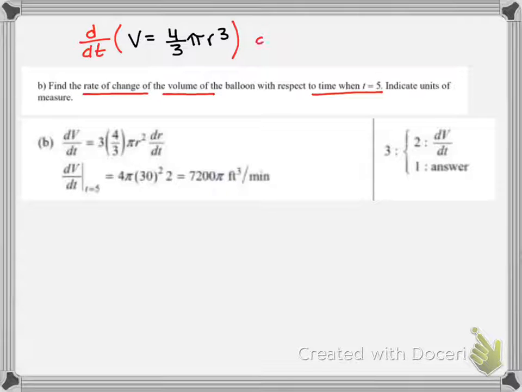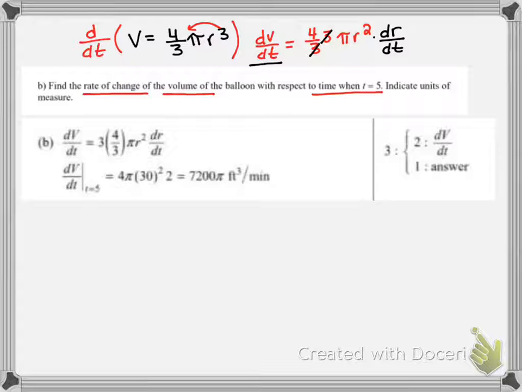On the left, we'll get dV/dt, and on the right, we will get 4/3 pi r squared. This 3 will come down and cancel out with the 3 in the denominator. But because we're differentiating with respect to t, we're going to get a times dr/dt, which is the rate of change of the radius.